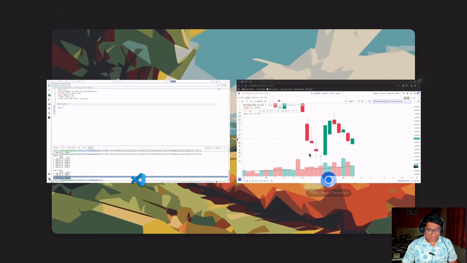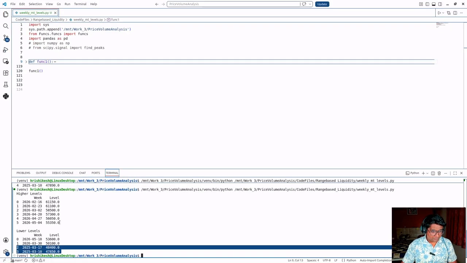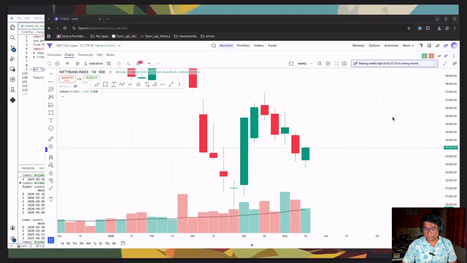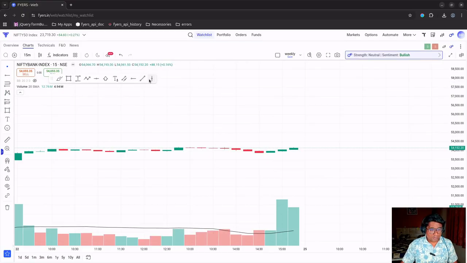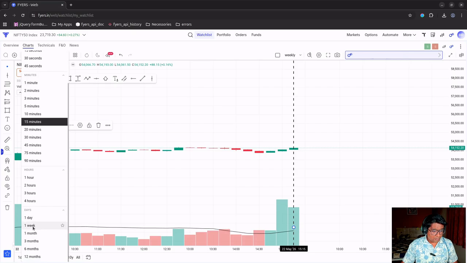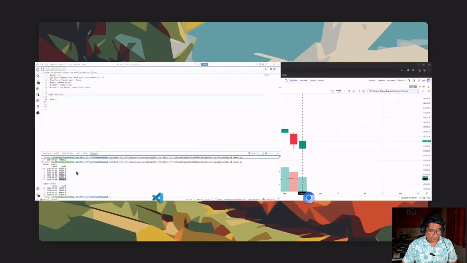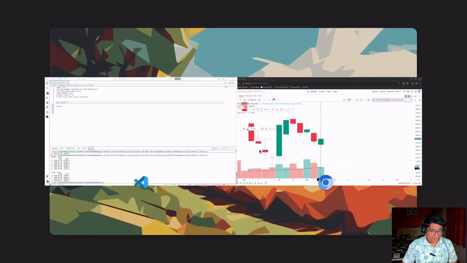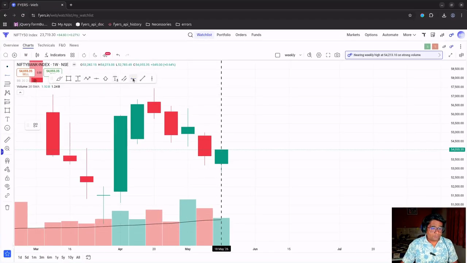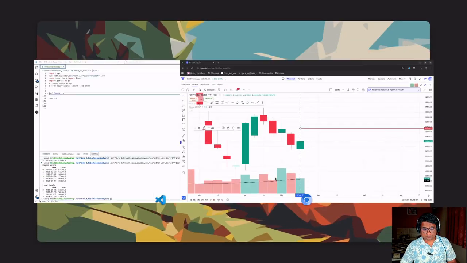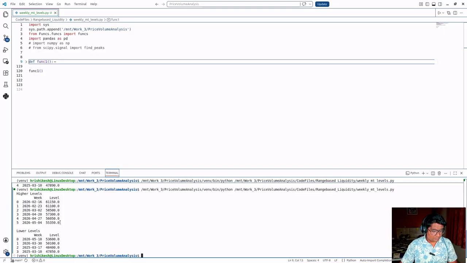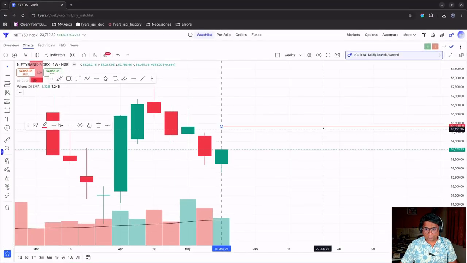So let's plot this on Bank Nifty. Okay, first level 55,350. So I'll go to 15-minute, plot a vertical line. Let's go back to weekly and plot the levels. First 55,350. Second 56,050.